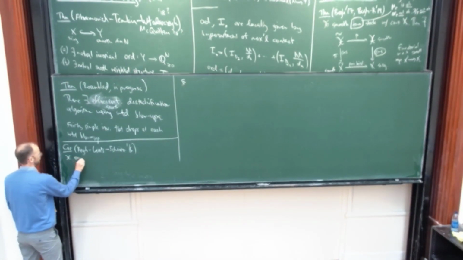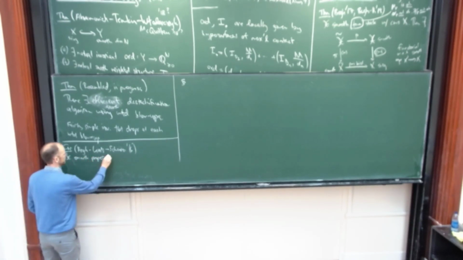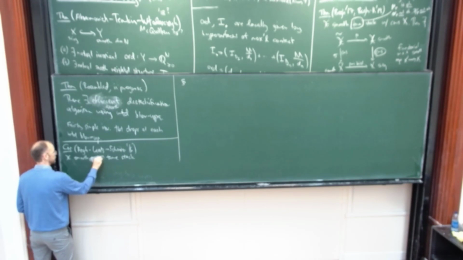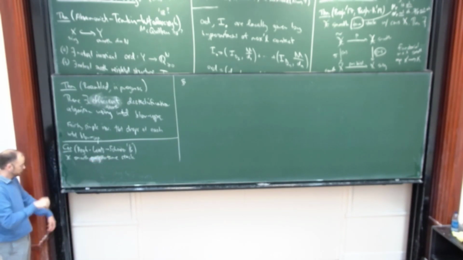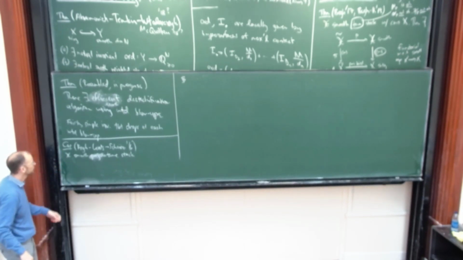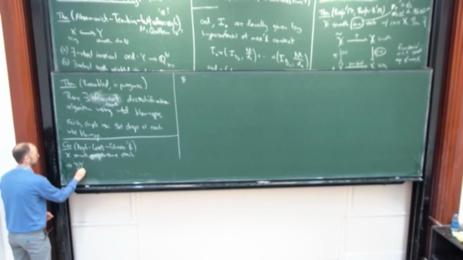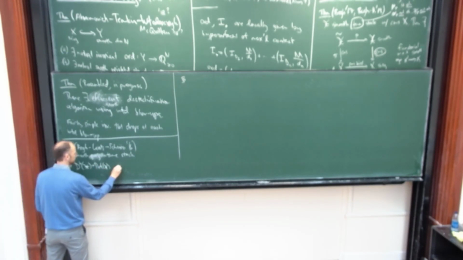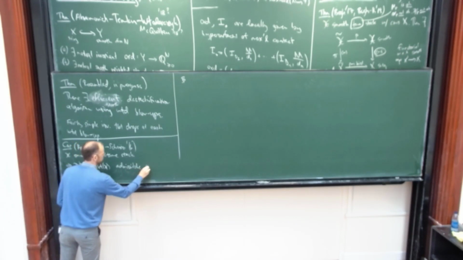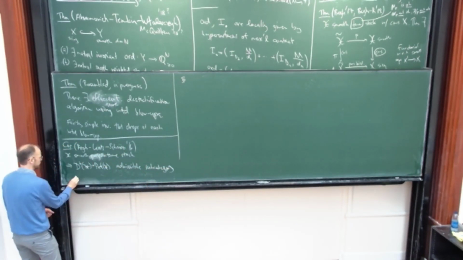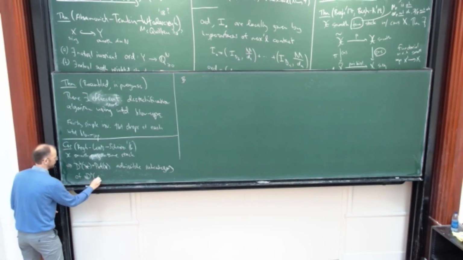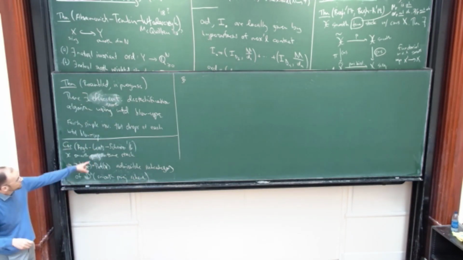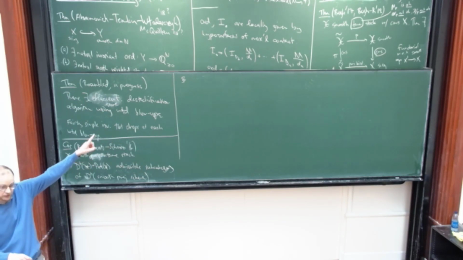If you're starting with a smooth proper stack, and if I'm in positive characteristic, let's write projective, because we can't do a smooth Deligne-Mumford stack, then the perfect complexes on X is an admissible subcategory of D^b of a smooth projective.